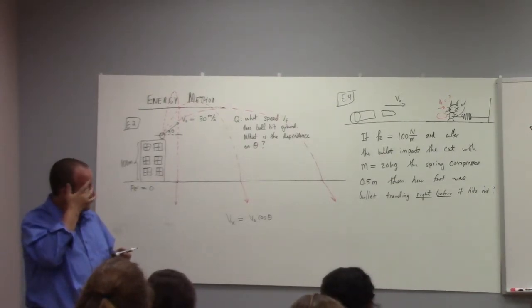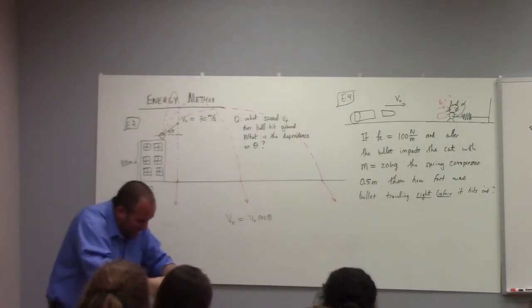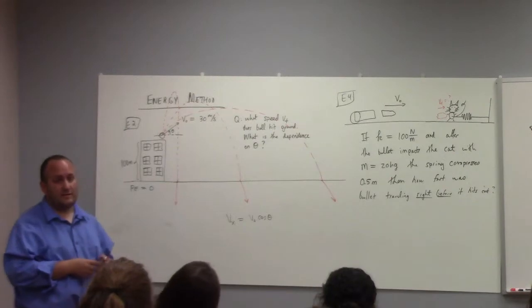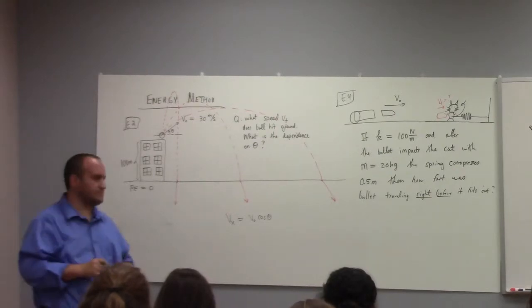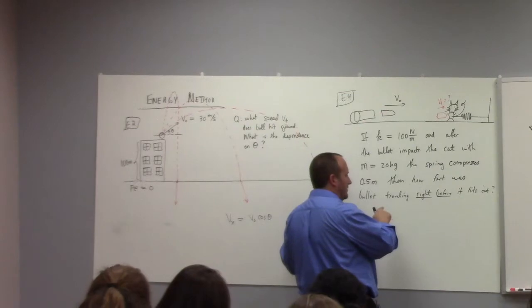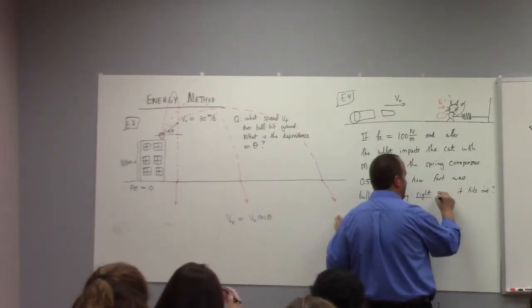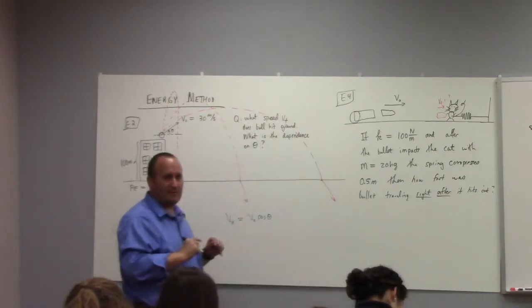The process of the baby grabbing onto the cat and holding onto it is actually not a conservative process. This would be an example of an inelastic collision. More on that later. So again, right after is what I need. After. Right after. There, now it makes sense.